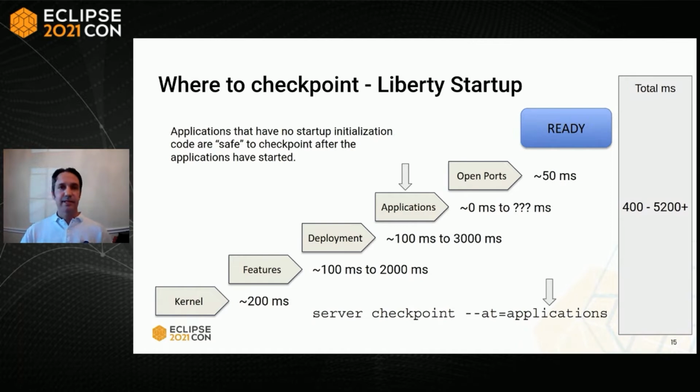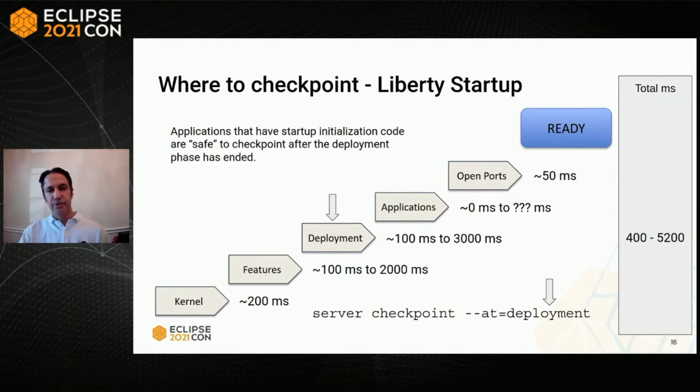If you're doing something like connecting to a remote database, or other things where you don't necessarily want that state saved into your checkpoint, then this would not be a good time to do it, because every time we restore, we would be trying to restore that same exact connection that we had from the checkpoint. And if you're starting this instance up 10 times, those 10 instances can't share that same exact connection. You really want those things to be established after, when you're doing the restore.